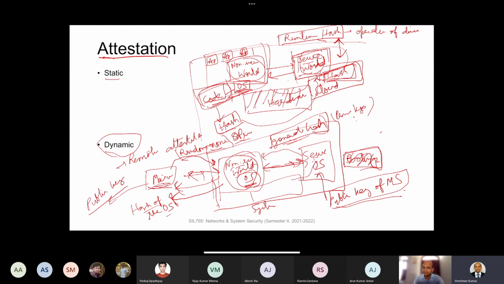After this comparison, it could send back a response to the secure OS that yes, it is fine: the operating system running in the non-secure world has a valid hash and has not been compromised. That information could be relayed from Microsoft to the secure world of the system. So this involvement of a trusted third party, Microsoft in this case, facilitates this dynamic environment.